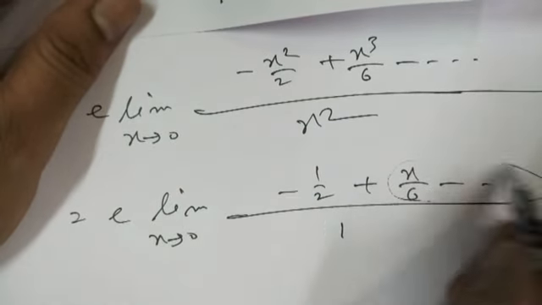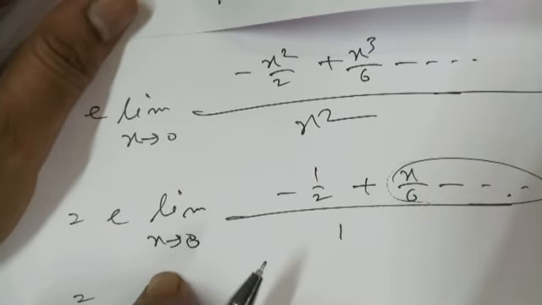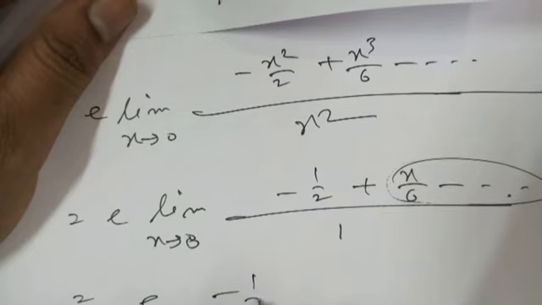So here all the terms contain x, so after putting the value of x as 0 here, this is minus half, so this answer is minus e by 2.